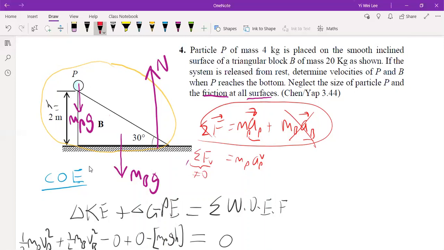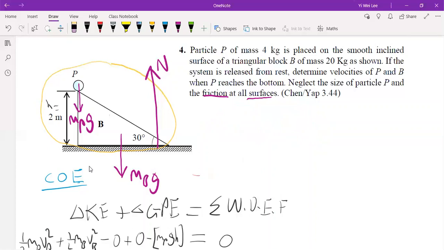If there is vertical acceleration from the P particle, it means that the net vertical force must be non-zero. If you don't understand this concept, please come and find me. Okay, but anyway, we just proved something very interesting.